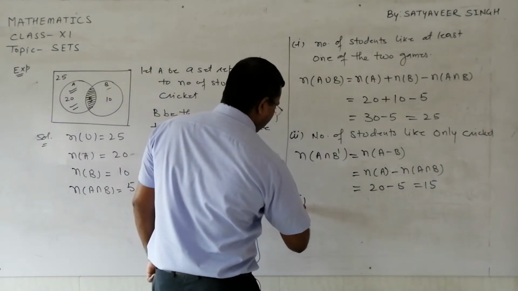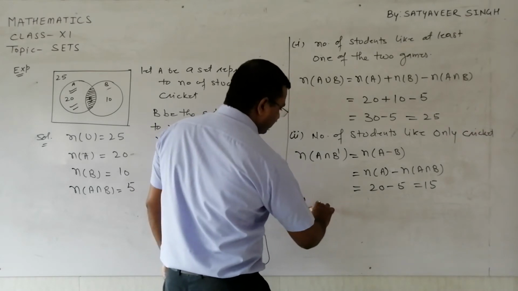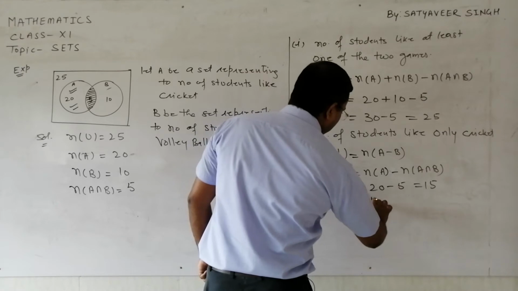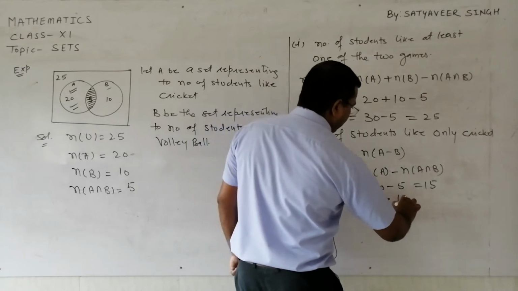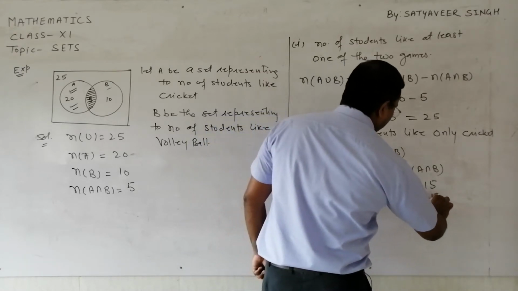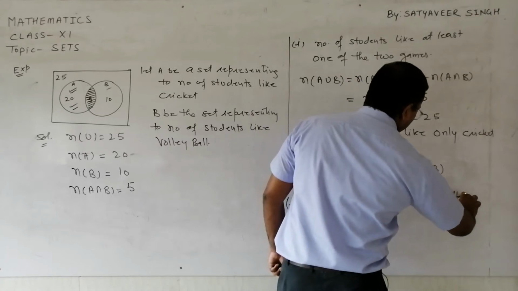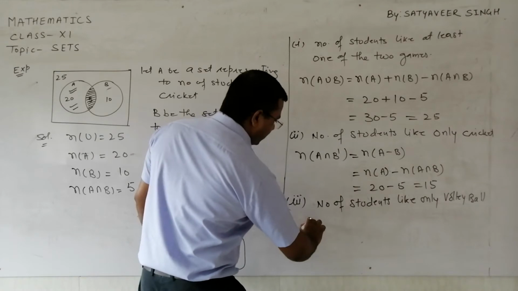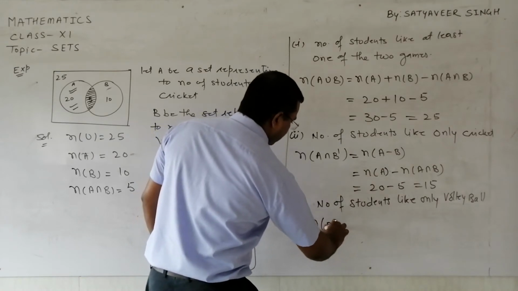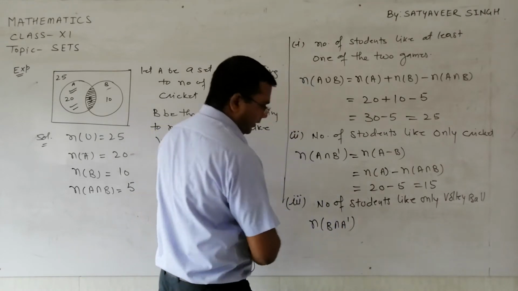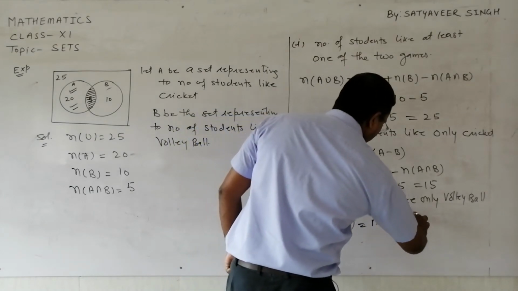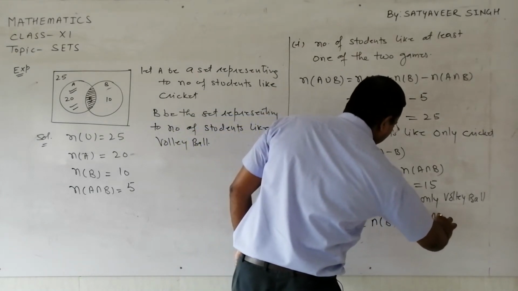Similarly, only volleyball, we can find the number of students who like only volleyball. First of all we can represent it by set notation: it is B intersection A complement. So this we can also find as n(B) minus n(A intersection B).